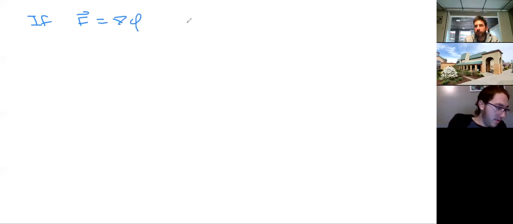All right. So we need a definition. So if F equals the gradient of some phi, what we do is we call phi a potential function.